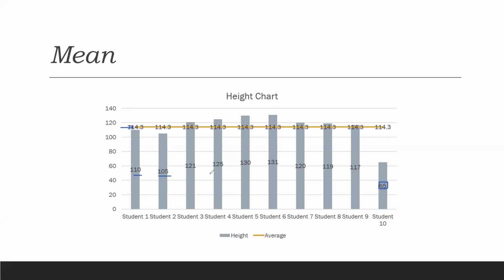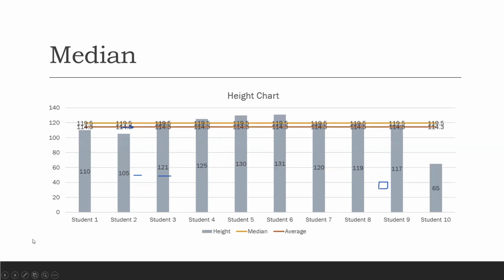This is what the mean looks like. Similarly, if you want to have a look at the median, this is how the median looks. In this case, the median is around 119.5 because that's the most central value.